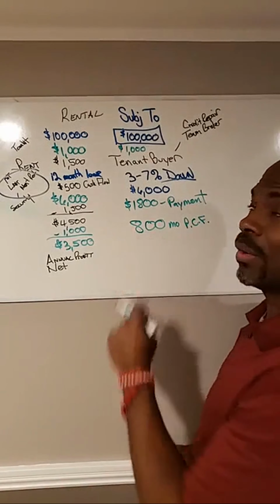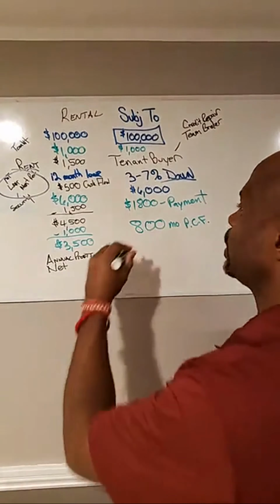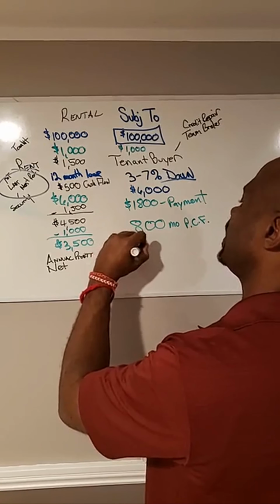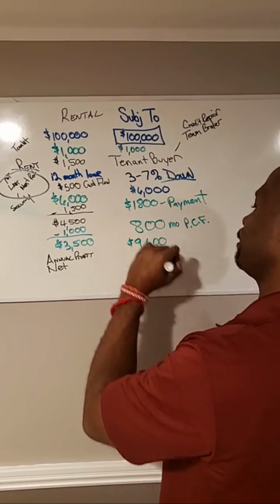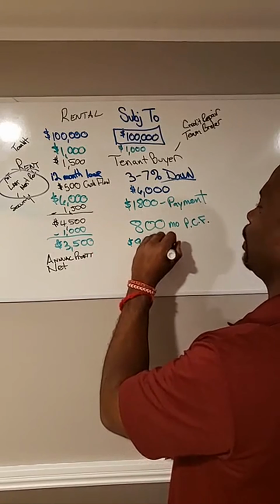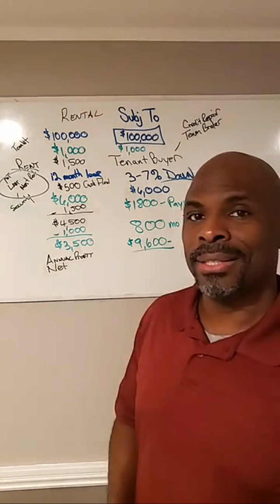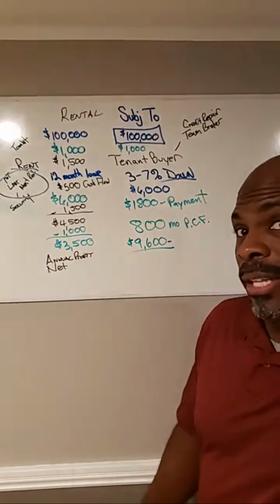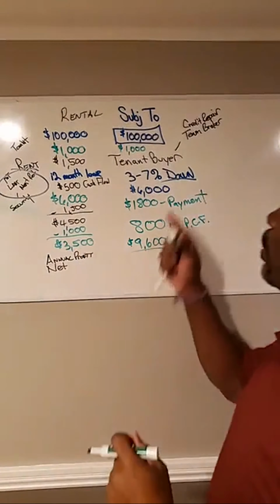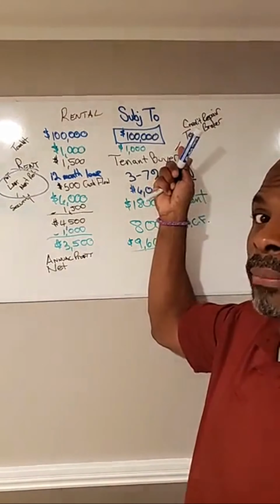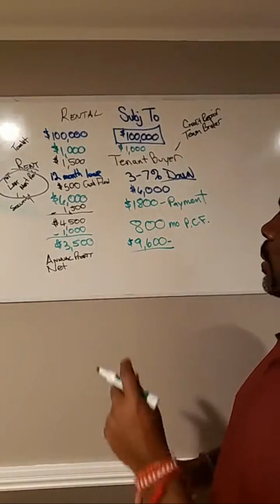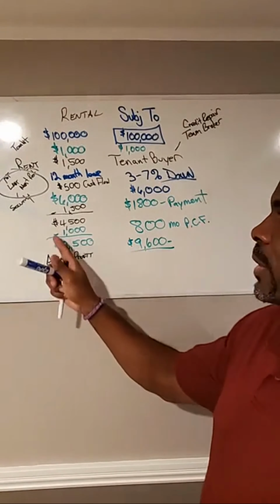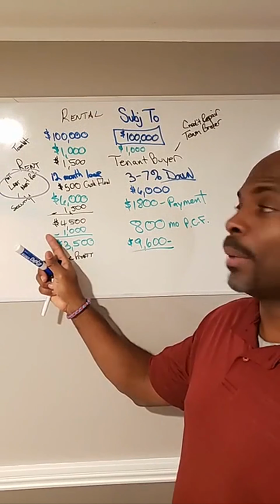At the end of 12 months, now you have $9,600, and that's net, meaning this tenant is going to stay in this property because we have them on a 24-month ownership plan. So the $9,600 that you collected doesn't have to go into missing a mortgage payment.